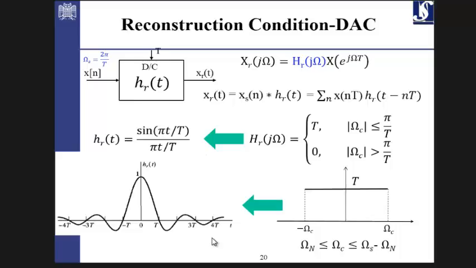The frequency range would be pi over T, the same way that from the continuous to the discrete, we made omega over T. Now we have to bring it back, actually, pi over T. And for the rest, it's 0.